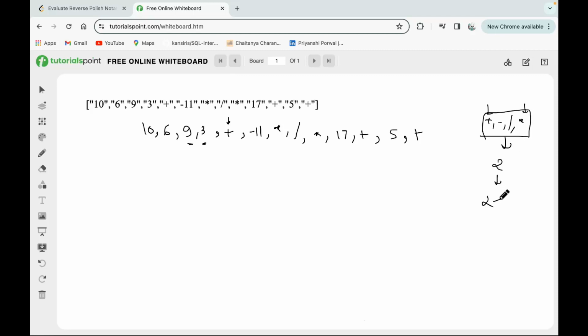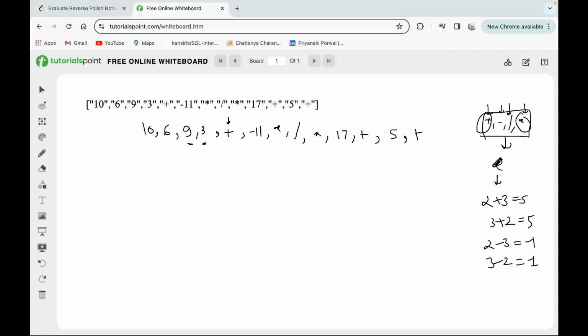I can write 2 plus 3, it is going to give me 5, or 3 plus 2, it is going to give me 5. But if I talk about minus, then 2 minus 3 is minus 1 and 3 minus 2 is plus 1, right? So this is the difference between plus and multiplication, and minus and divide. In plus and multiplication, the order of operands doesn't matter, but in minus and divide, it does matter, right? So we have to take care of this as well, right?